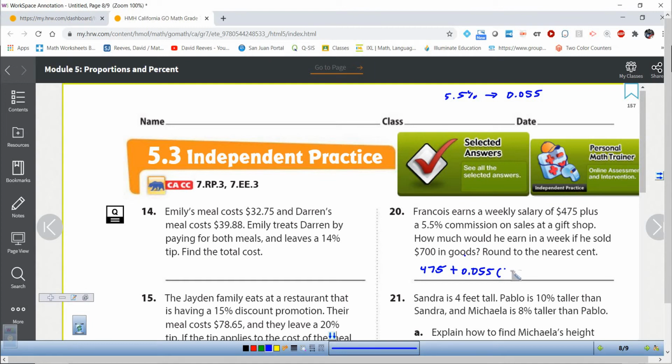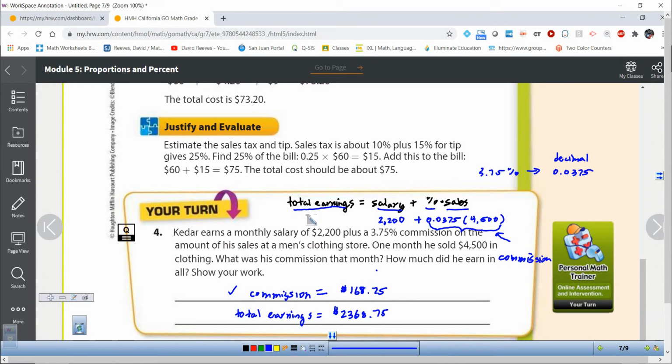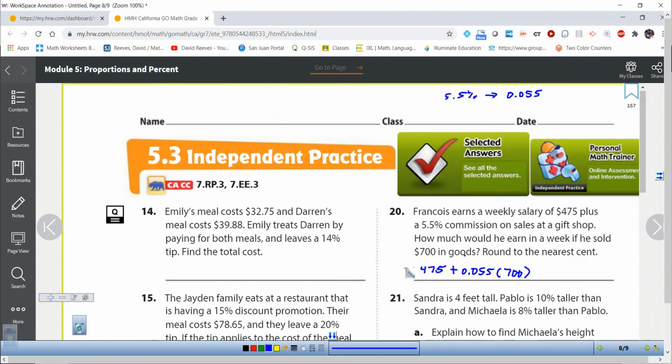The sales were 700. Again, just a reminder, total earnings is the salary plus the percent changed to a decimal times the sales.